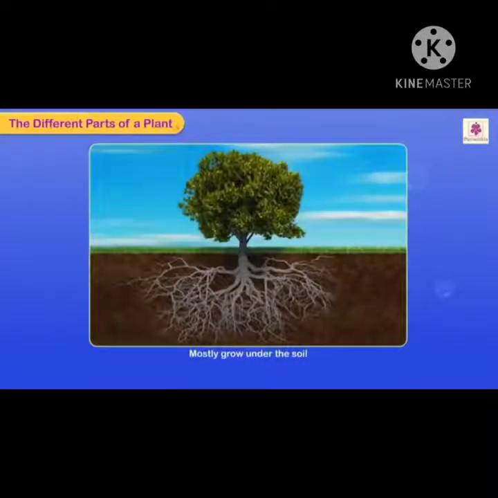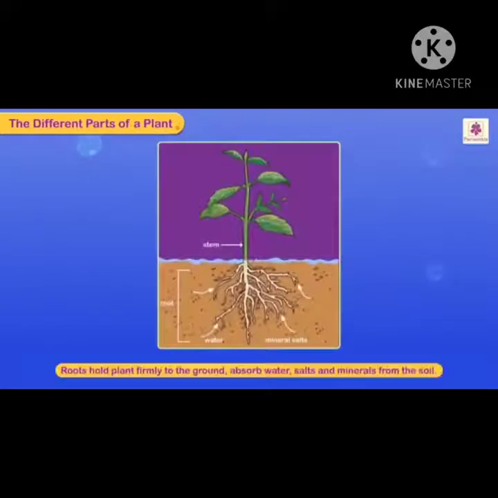Roots of a plant mostly grow under the soil. The roots hold the plant firmly to the ground, absorb water, salts, minerals and other nutrients from the soil and transport these up to the stem of the plant.